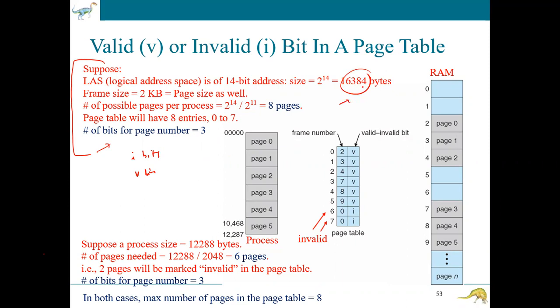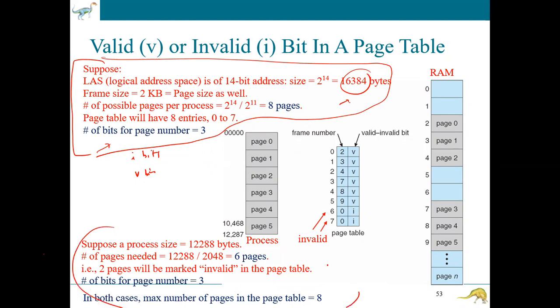This is the scheme for 14-bit addresses, but you require a 14-bit address for this one also. Do you agree with me? So with 14-bit addresses for this also, you have invalid bits, frames, and so on.